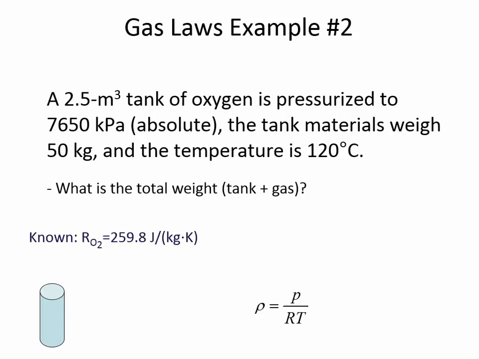We know the volume of oxygen and the extent to which it's pressurized. The metal of the tank itself is 50 kilograms, and the temperature is 120 Celsius. And of course, red flag there: if our R value has units of Kelvin, that reminds us that we have a conversion that we need to do before we jump into the calculation.